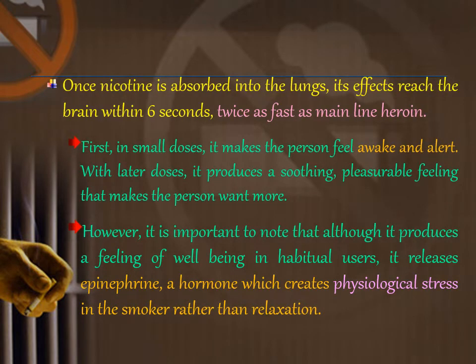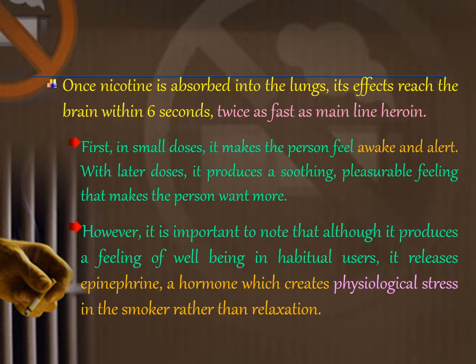Once nicotine is absorbed into the lungs, it reaches the brain within 6 seconds, twice as fast as mainline heroin. First, in small dose, it makes the person feel awake and alert. With later doses, it produces a soothing, pleasurable feeling that makes the person want more.